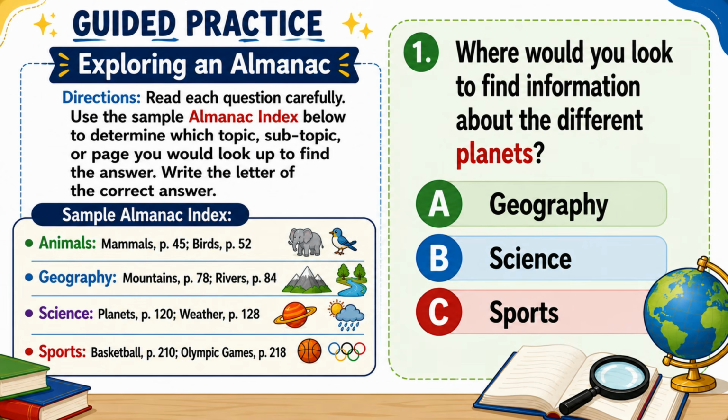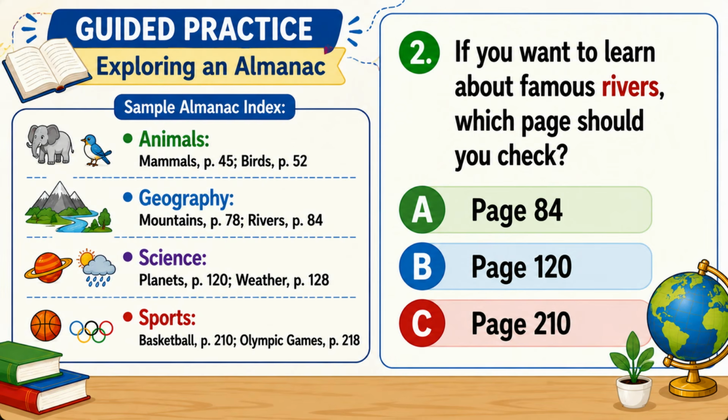Number 1. Where would you look to find information about the different planets? A. Geography. B. Science. C. Sports. Number 2. If you want to learn about famous rivers, which page should you check? A. Page 84.